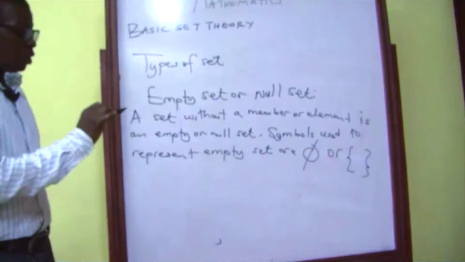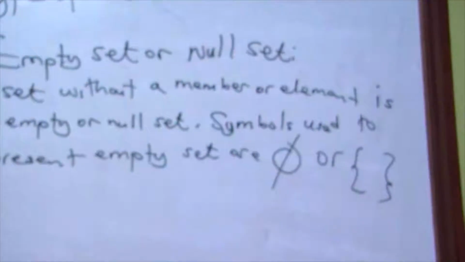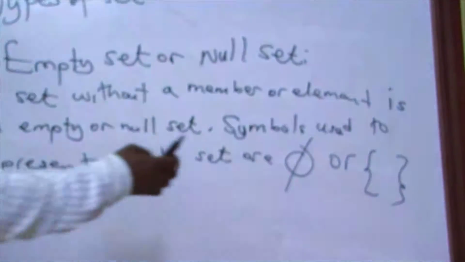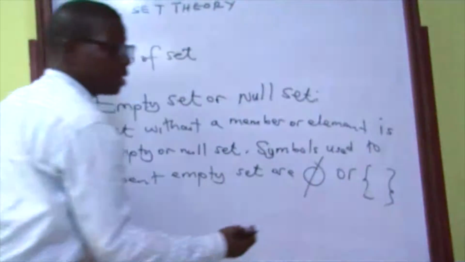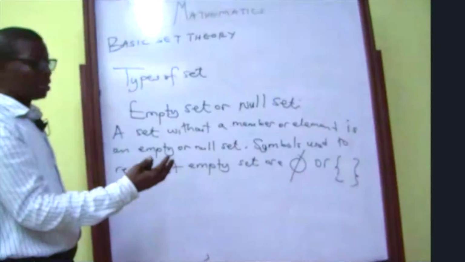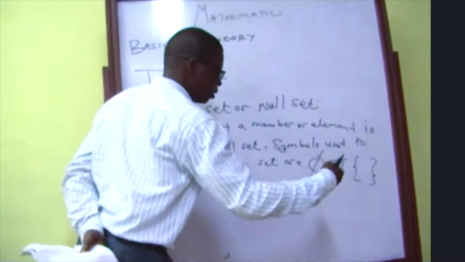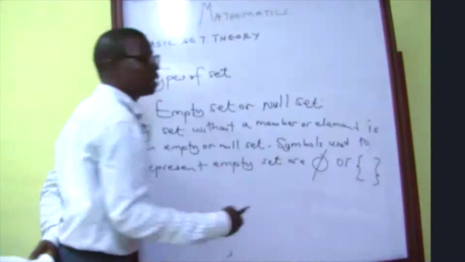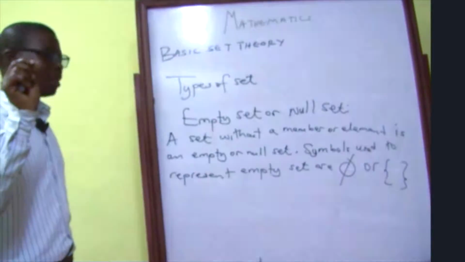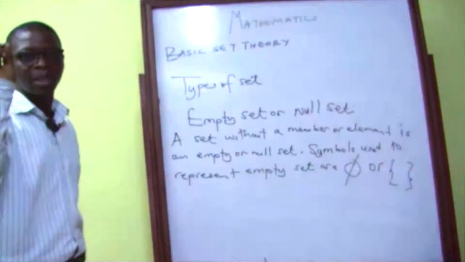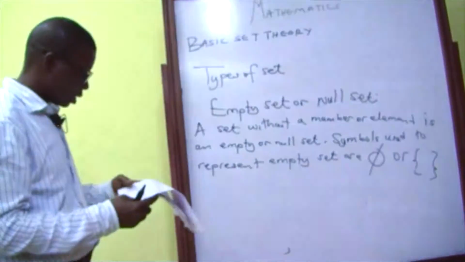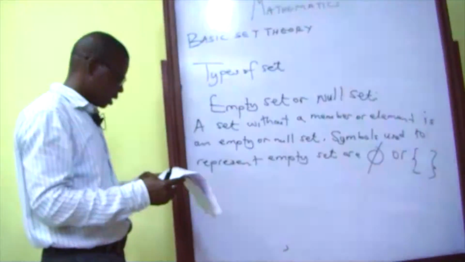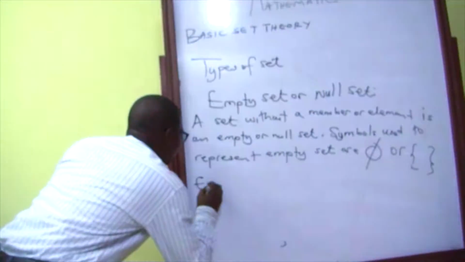You can use either of the 2 symbols, either this or this. This is the curly bracket that contains the elements. You know that in the curly bracket there is no element inside. It signifies that it's an empty set.